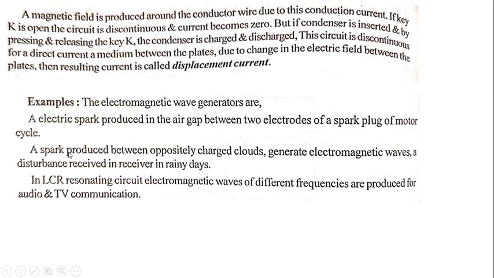Second, a spark produced between oppositely charged clouds generates an electromagnetic wave or disturbance received in a receiver on rainy days. And third, in an LCR resonating circuit, electromagnetic waves of different frequencies are produced for audio and TV communication.